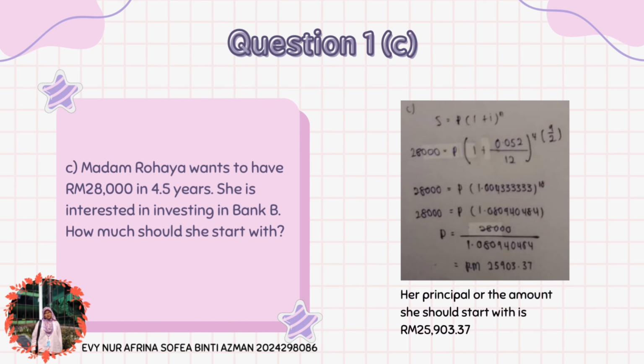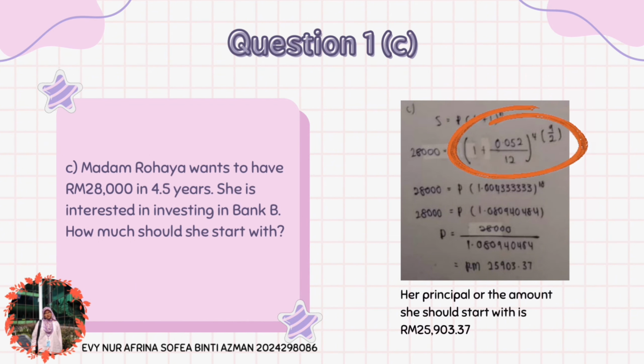So we will insert the amount into the formula, which is S is 28,000 equal to P, open the bracket, 1 plus I, which is K over M, 0.052 over 12, and then we will close the bracket, the power of n, which is 4.5 times 12.